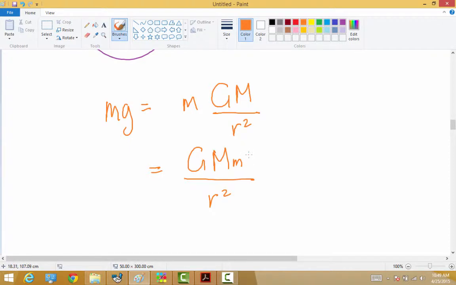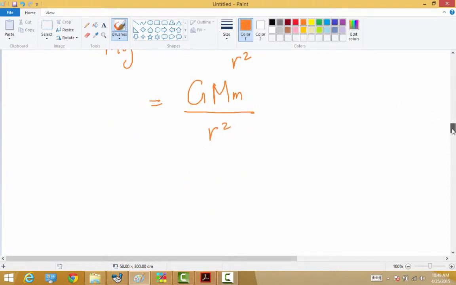So small m is the mass of the smaller body, large M is the mass of the large body, large G is the universal gravitational constant, and r is the radius from the center of the large body to the satellite.